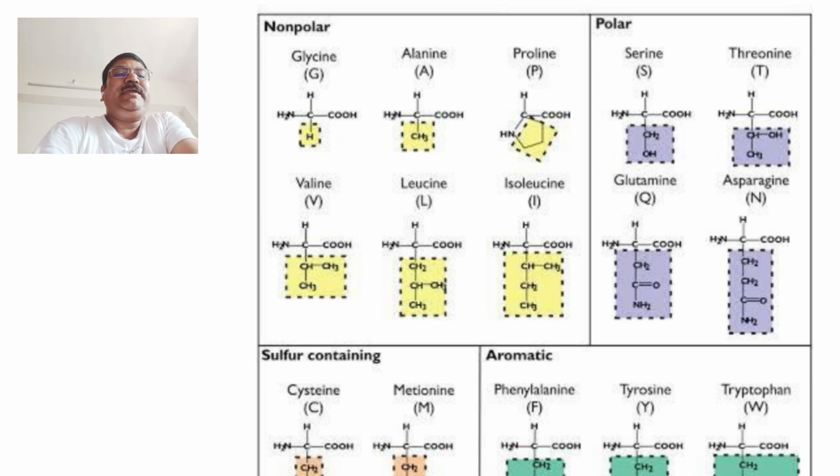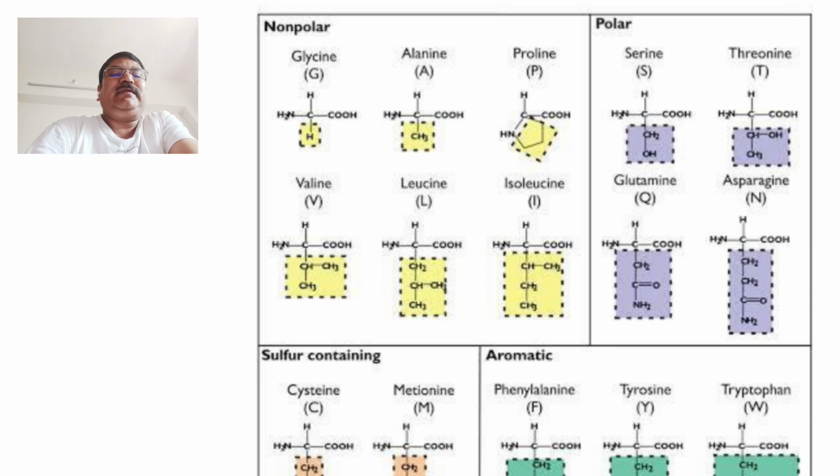In proline, P, the R group is a five-membered ring system, similar to pyrrole, containing an NH group. This is proline.